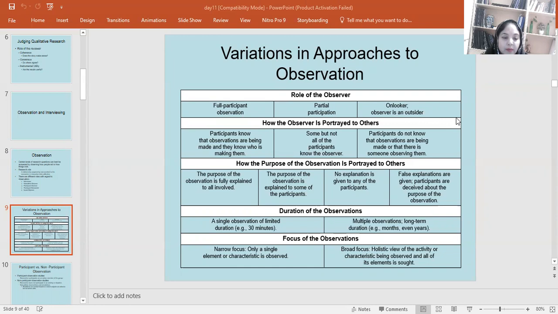But in partial participant observation, some of them are informed about the observation, but not all. Maybe the teacher knows that you are observing the responses of the students, but the students don't know. And in onlooker, participants do not know that observations are being made or that there is someone observing them.